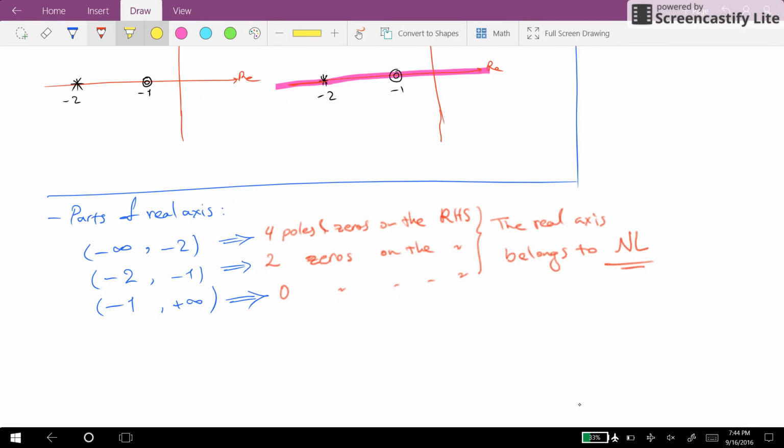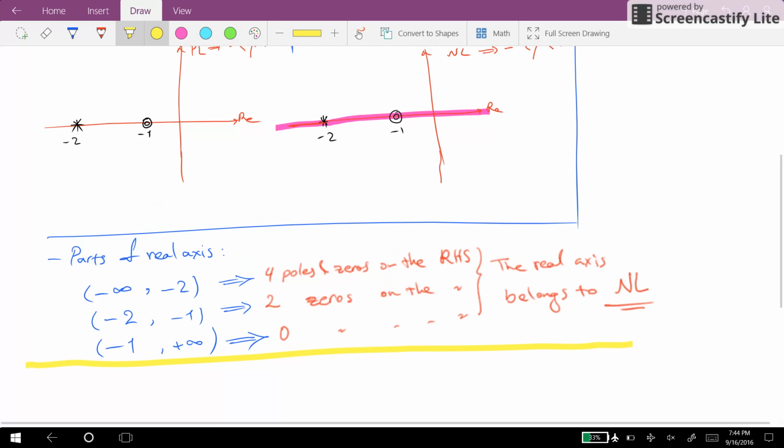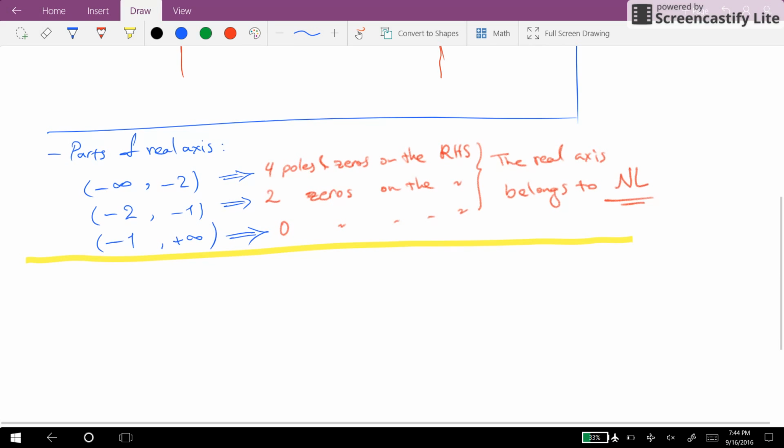So as the next step, we can find out whether there are some break in or break away points.